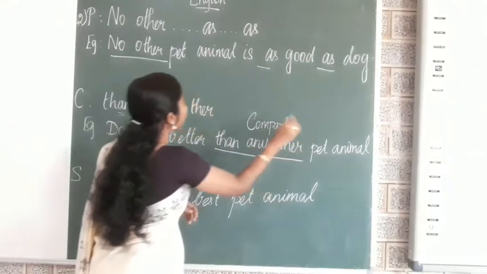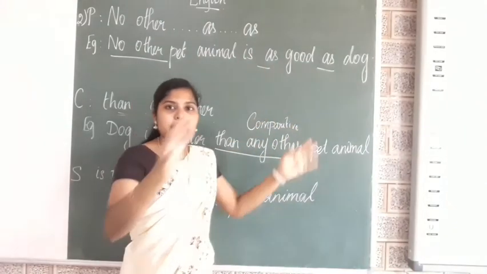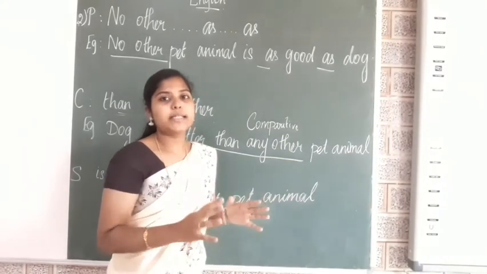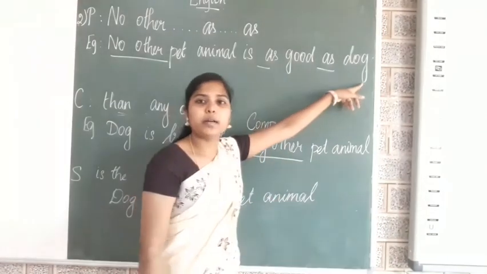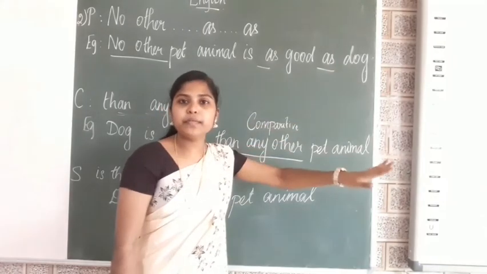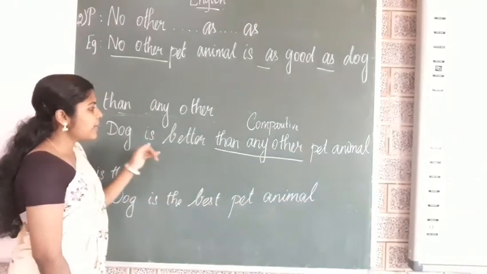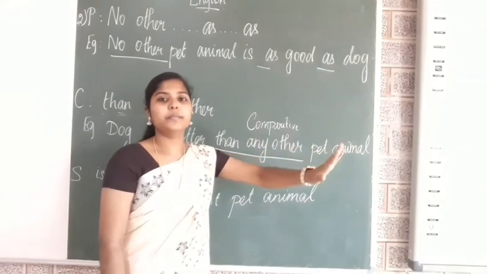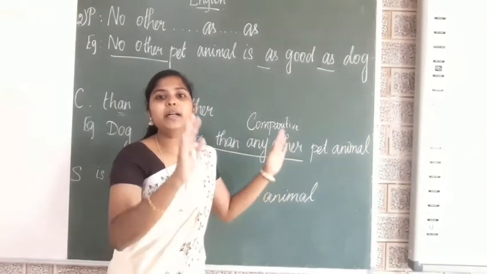Okay, here we are saying no other pet animals. As a group, there are so many kinds of pet animals. We are saying no other pet animal is as good as dog. So we are comparing this dog with the rest of the pet animals. So by the comparative degree, dog is better than any other pet animals. On the whole, any other pet animals. Dog is better than any other pet animals.